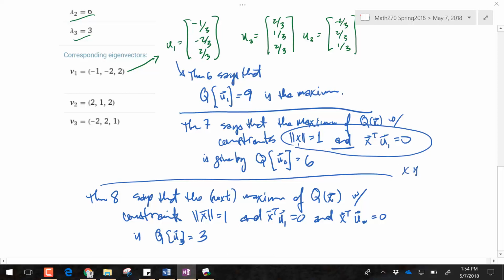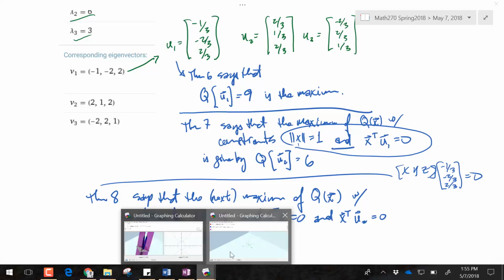So it's x y z as a row vector dotted with -1/3, -2/3, 2/3 equal to 0. So if I multiply this out, I'm going to get a scalar function. So -1/3 x, -2/3 y, and +2/3 z.